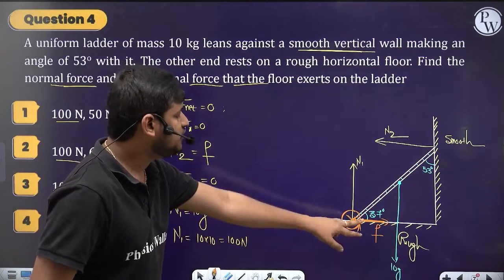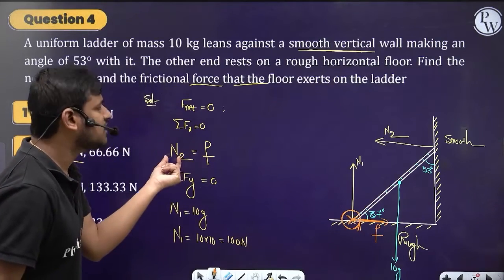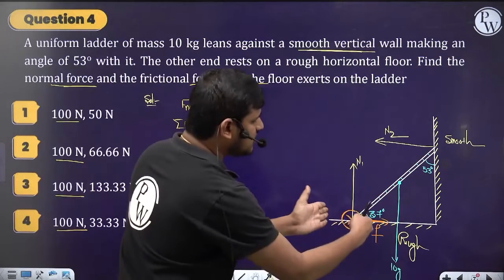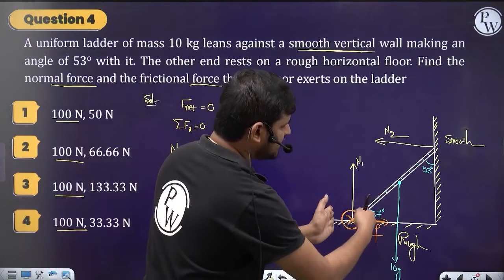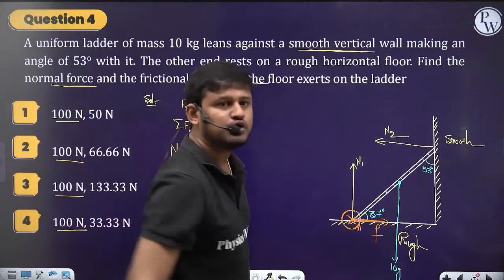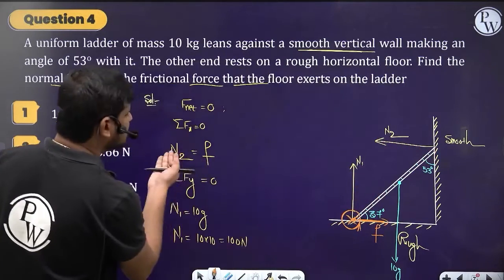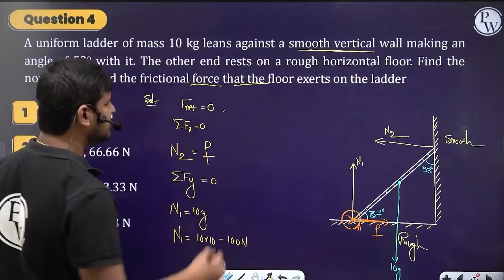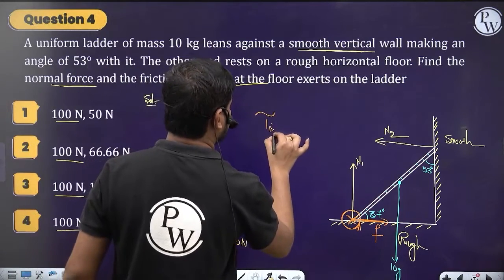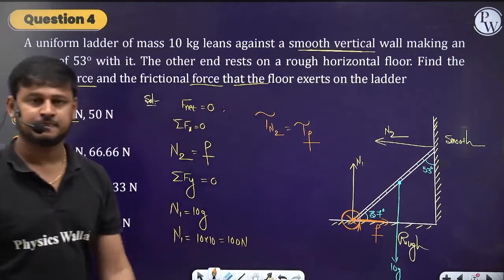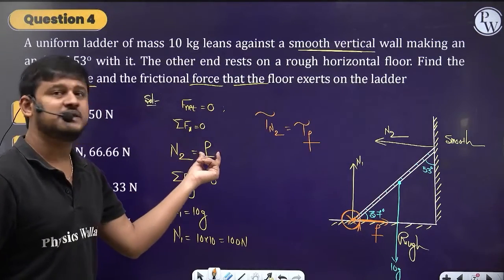The torque due to friction and torque due to normal are the same, because N2 is equal to F. If I take the axis of rotation here, I'll find the torque due to N2, which is nothing but the torque due to friction.